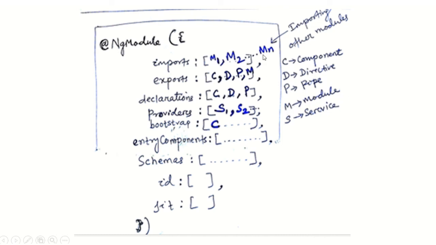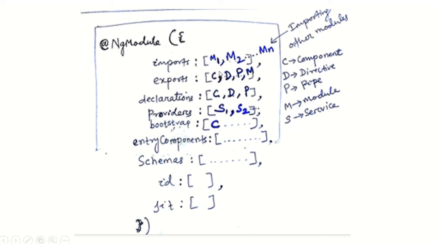Among the imported modules, we can export M2, we can export M3 directly from here. Declarations are components, directives and pipes. Providers: service 1, service 2, service 3 up to service n. Bootstrap: we bootstrap one starting component. We can export many components here, but we bootstrap only a single component.